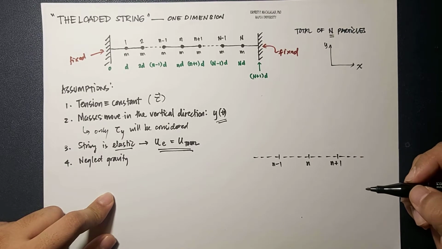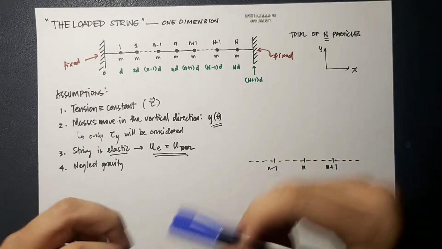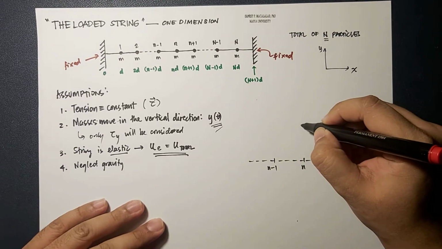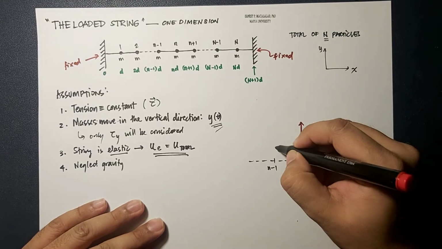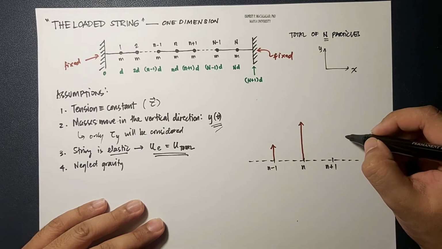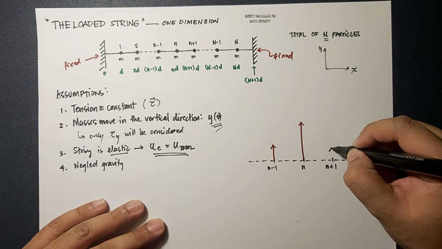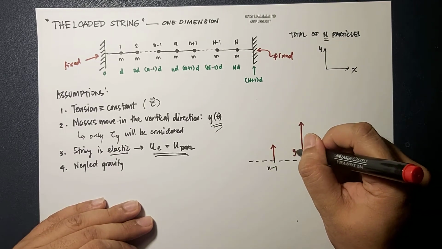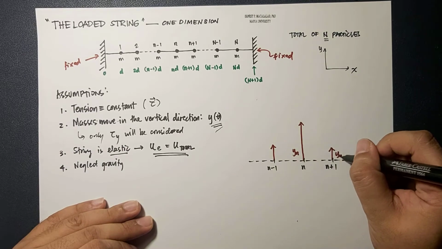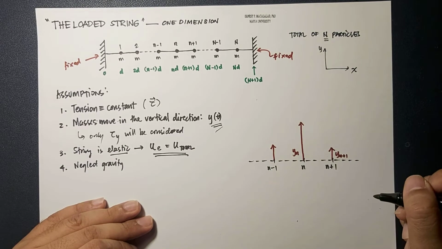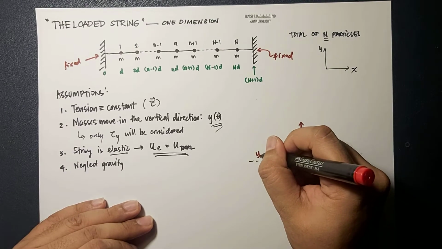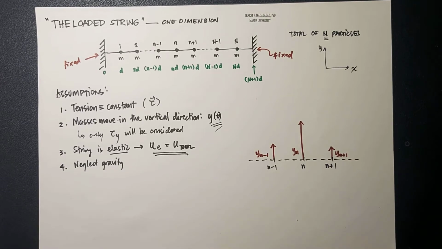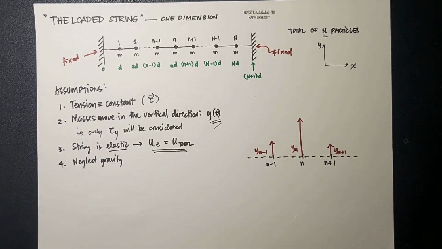And let's say this particle moved in the vertical direction by this amount, this particle by this amount, and this particle by this amount. So let's call this yn, let's call this yn plus 1, and let's call this yn minus 1. As I mentioned earlier, this is where your particles are.